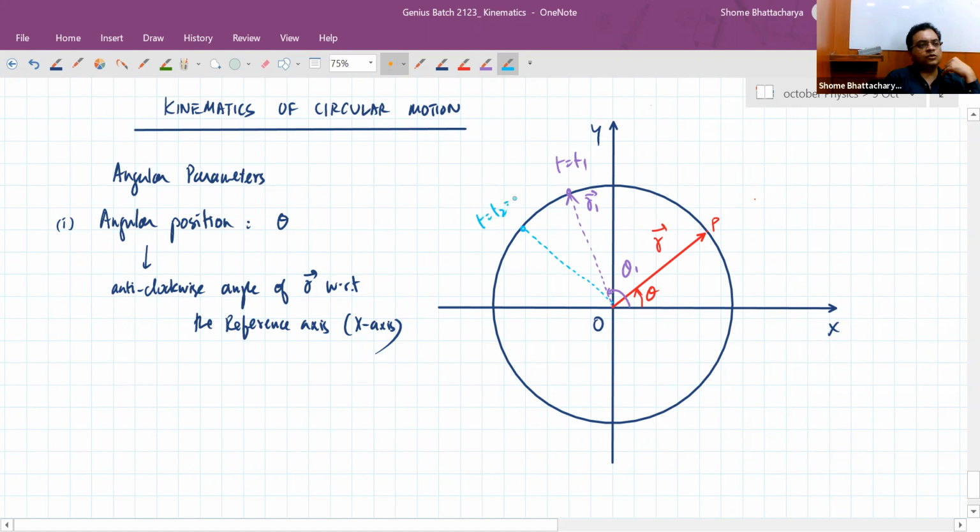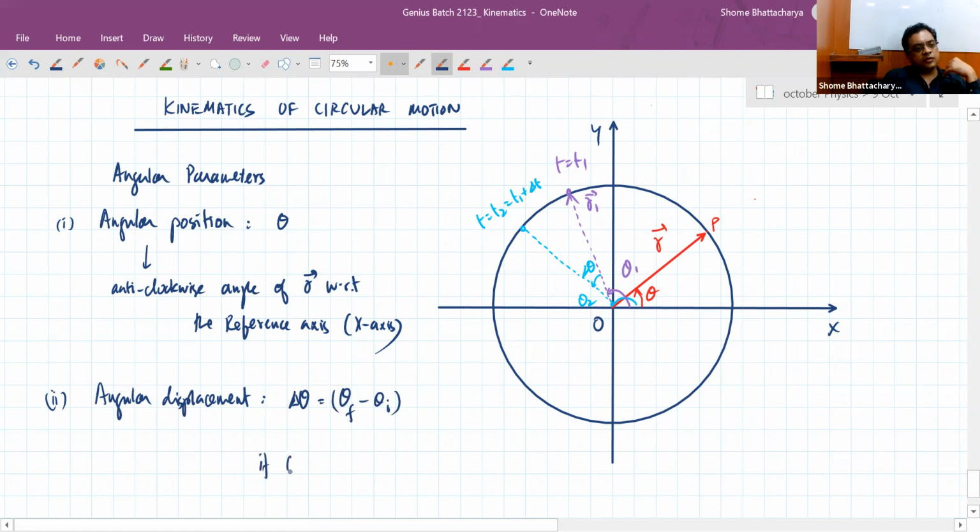Okay, at time t2, which is let's say t1 plus delta t, its angular position has shifted by delta theta, because overall it has become θ2. So next thing we define is angular displacement. Or it is final theta minus initial theta.